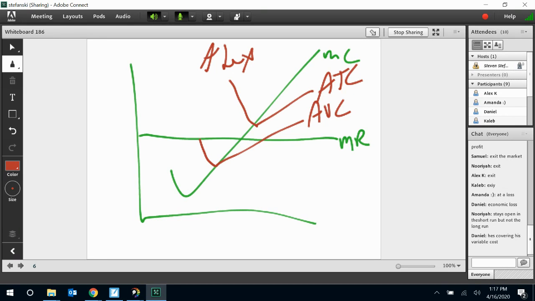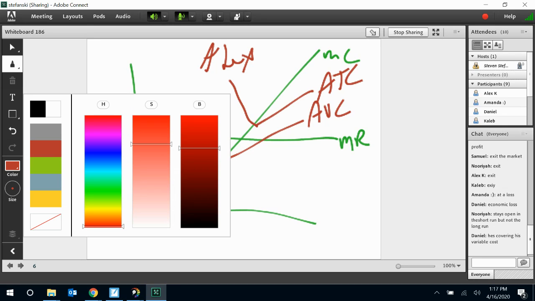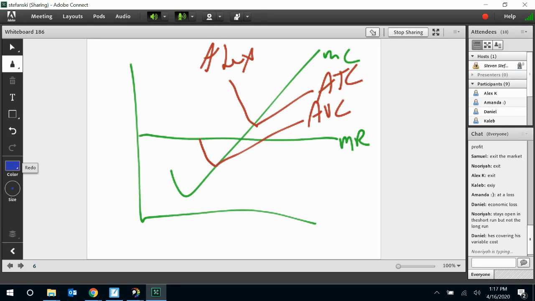And the goal here, if I'm making a loss, Alex might go, well, what can I do to go from making a loss to a profit? Well, he could reduce his costs.